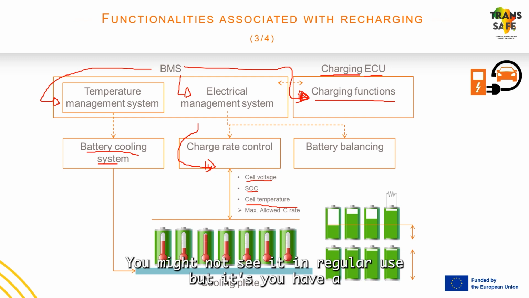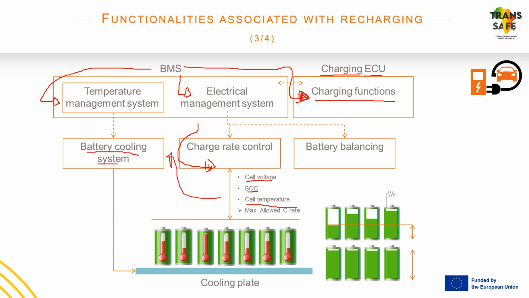You might not see it during regular use, but if you have a critical problem or something goes wrong, you can see the limp mode. Limp mode is going to decrease the use of power.